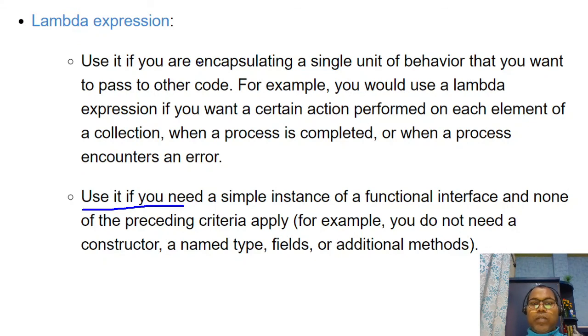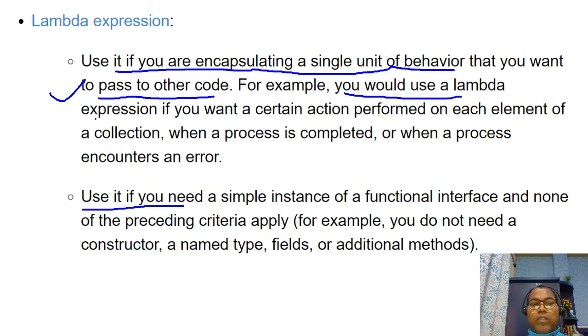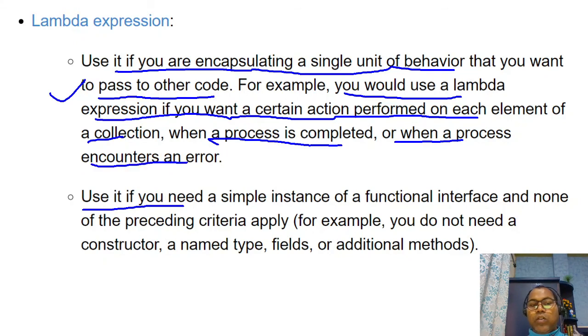Similarly, you are encapsulating a single unit of behavior that you want to pass to other code. For example, you would use a lambda expression if you want to perform a certain action on each element of a collection, or when the process is completed or encounters an error. Lambda expressions are widely used in the Java Stream API, where functions like filter, forEach and collect take an object of a single-method interface, maybe a predicate, a consumer or a function.